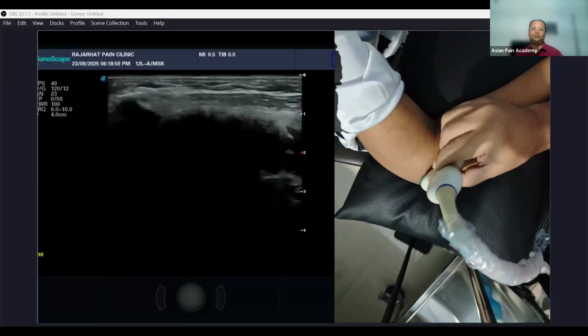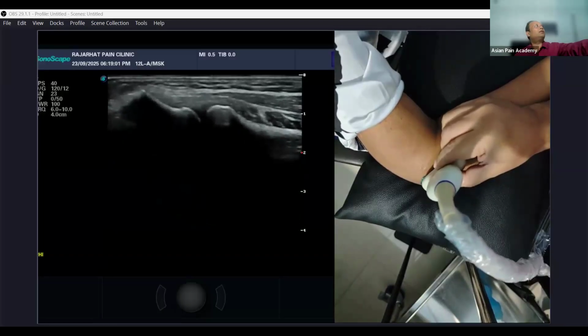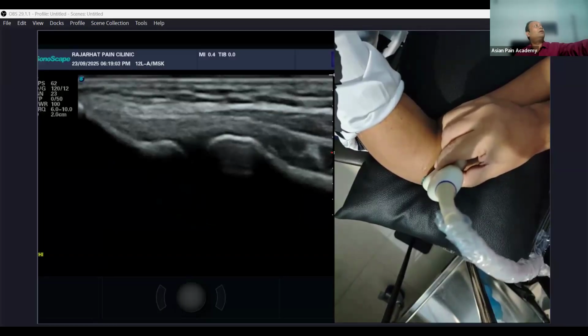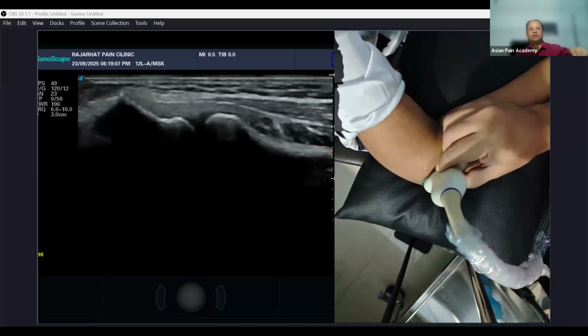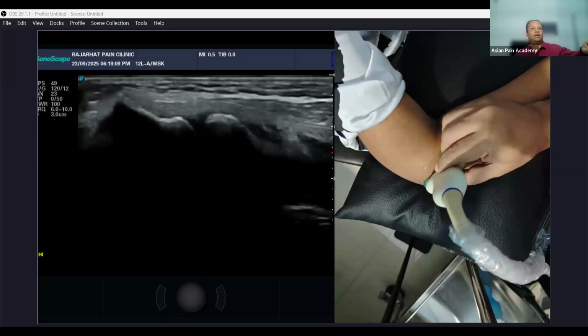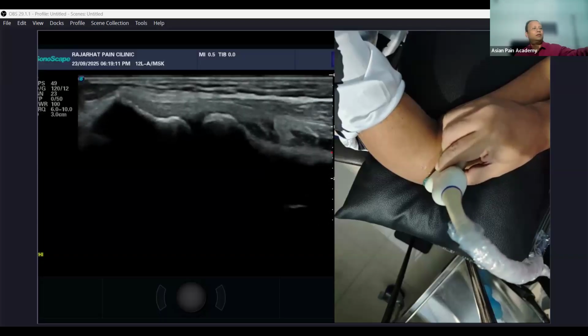So what I am seeing here, I am decreasing the depth a bit. Okay. So this is the common extensor tendon.